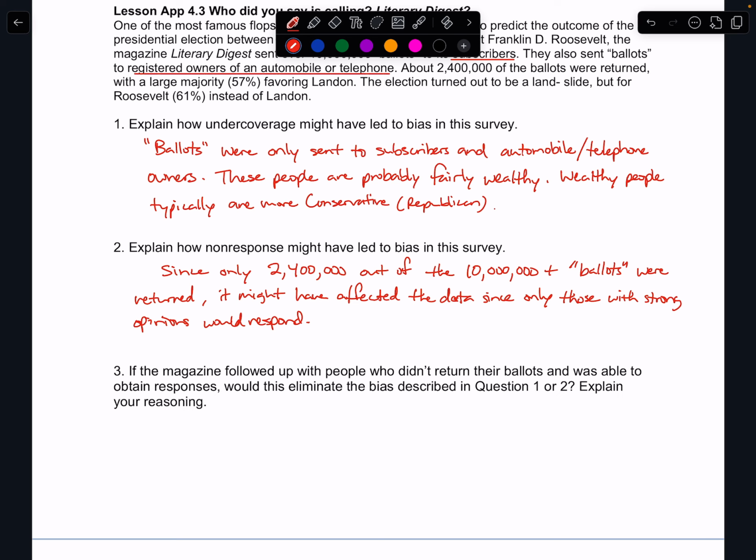And so in this case, finding those people who didn't turn in the ballots and actually gathering those responses would eliminate the non-response bias in question 2, but the issue of undercoverage would still remain.